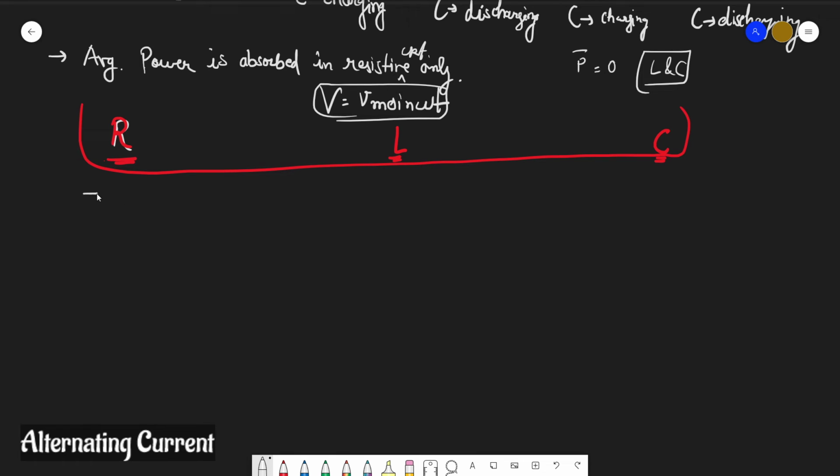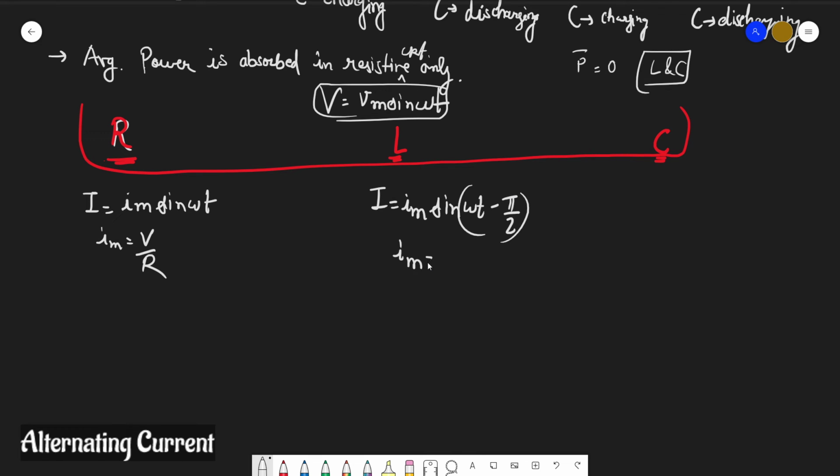With that, we saw the response of current here was Im sine omega t, where Im was equal to V by R, and R is the resistance of the circuit. Here I was Im sine of omega t minus pi by 2, where Im was Vm by XL, and XL was the inductive reactance.